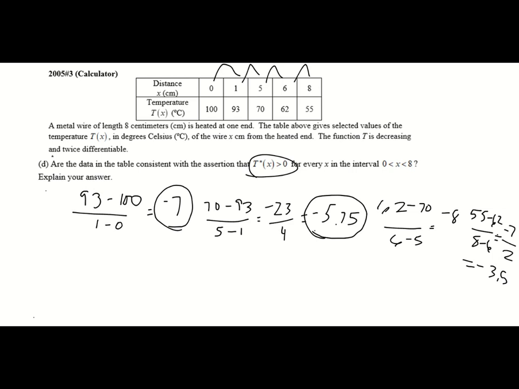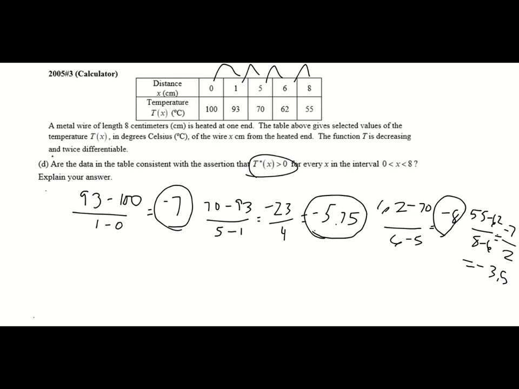And then from negative 5.75 to negative 8, did it increase? Did the derivative increase? No. Negative 8 is a smaller number than negative 5.75 because it's more negative. So that means that the derivative decreased, which means it had to have been concave down because the rate of change of the rate of change made it something smaller.